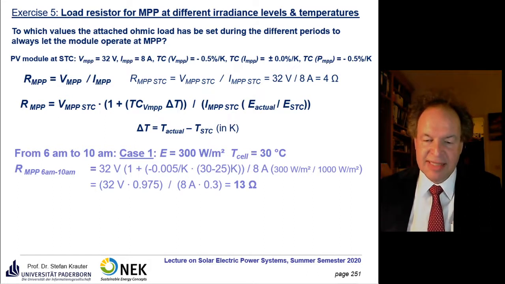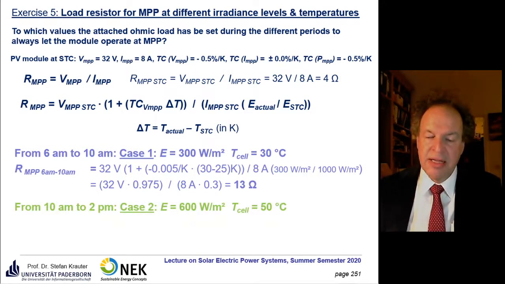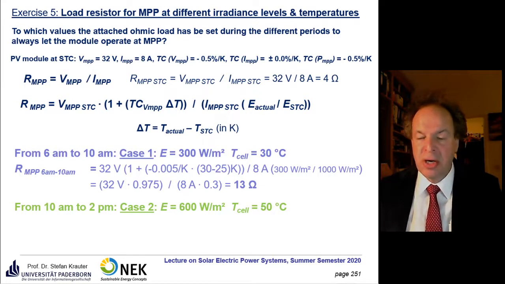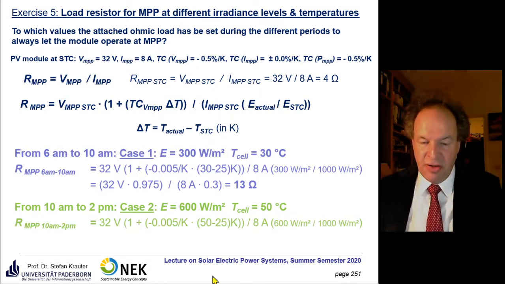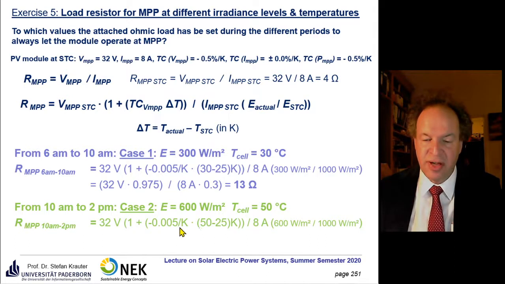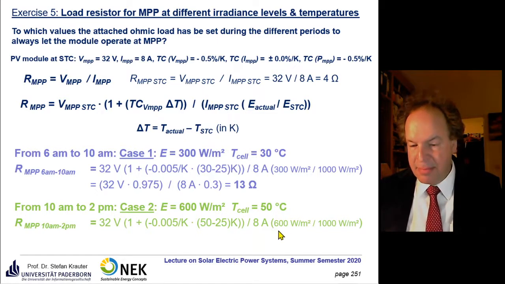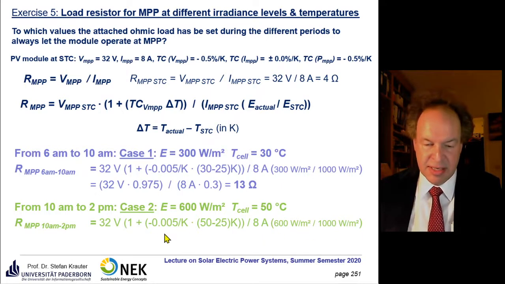Let's go to the next case, case 2. There we have an irradiance of 600 watt per square meter and an elevated cell temperature, which is 50 degrees Celsius. So we have here 32 volts times 1 plus minus 0.005 per Kelvin times 25 Kelvin divided by 8 amps, 600 divided by 1000, so 0.6 is that.